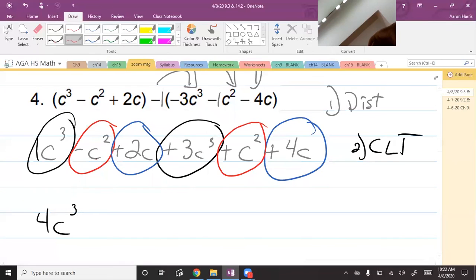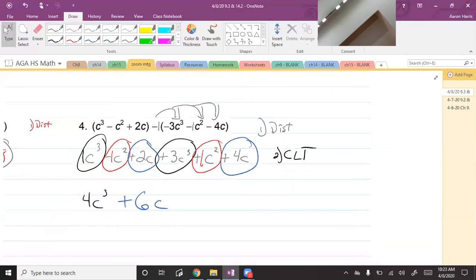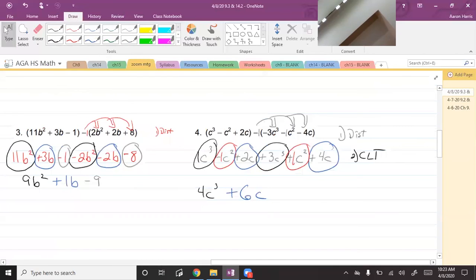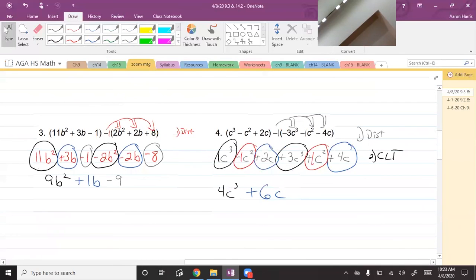Now I have negative 1c squared plus 1c squared. Negative 1 plus 1, 0. And then I got 2c, 4c, 2 and 4 is what? 6. 6c. Notice when adding and subtracting, you don't change the variable, you don't change the power, you leave them alone. Okay, so that's adding and subtracting polynomials. And I'm done for today. Okay?